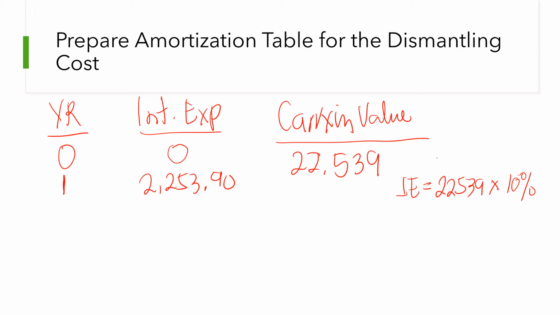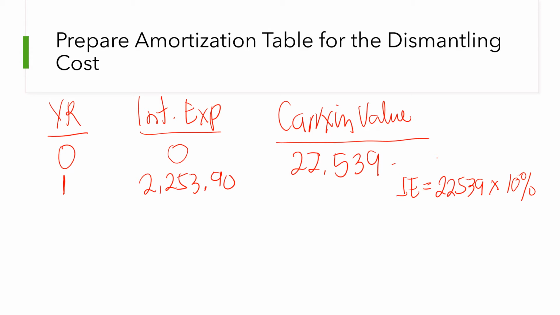at the end of year 3, this 22,539 will be the 30,000 or the estimated cost of dismantling at day 0. So remember, this 22,539 is just the present value of the 30,000 estimated dismantling cost. So we need to add this interest expense to the carrying value.